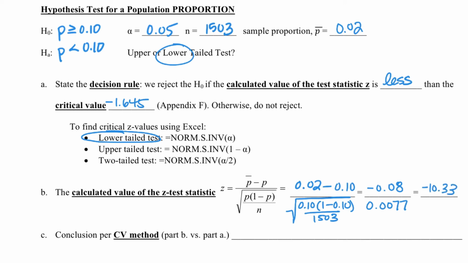So now I can make my decision using the critical value method. Because our z-test statistic of negative 10.33 is less than my critical value of negative 1.645, I will reject the null.